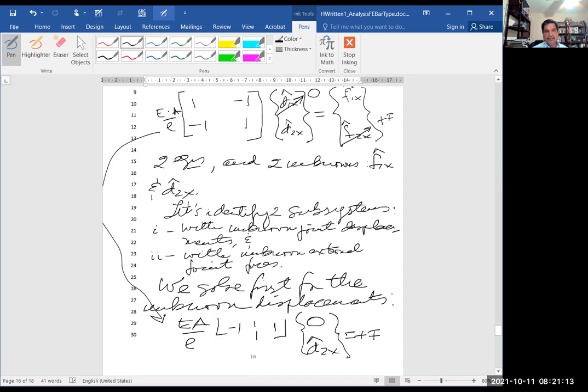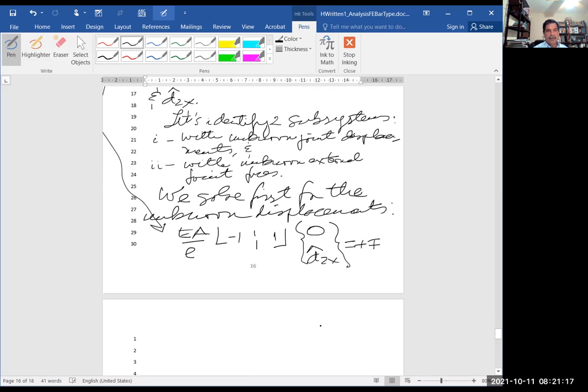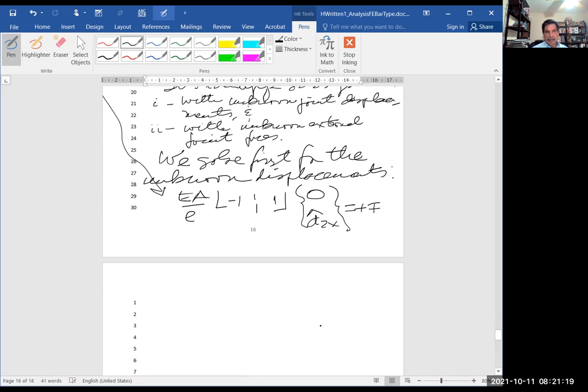So this is the first subsystem. And it's easy to solve, right? Because we can immediately see that d2x, so we take this to the right, it's going to be F.